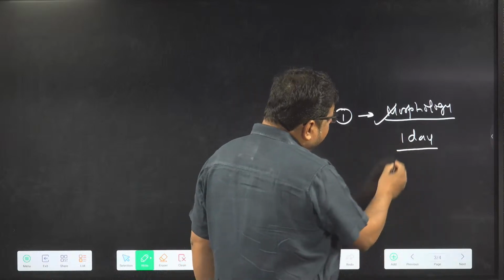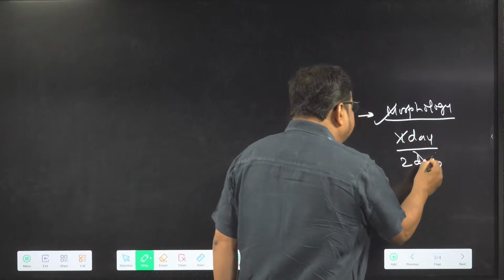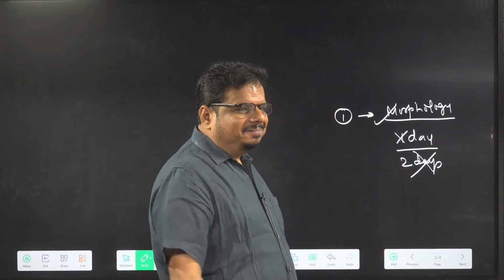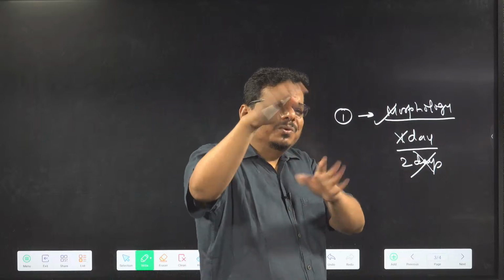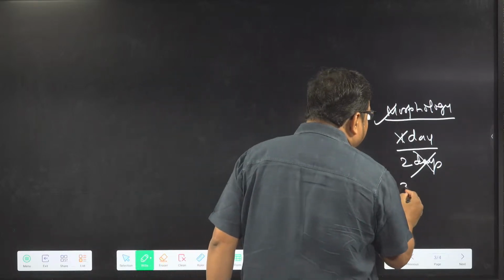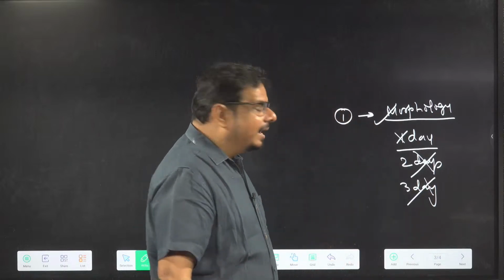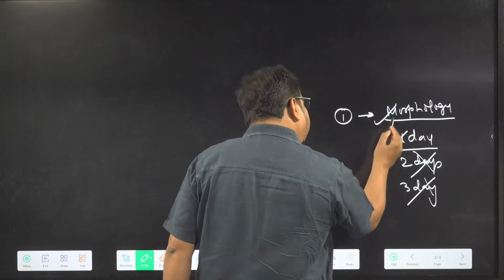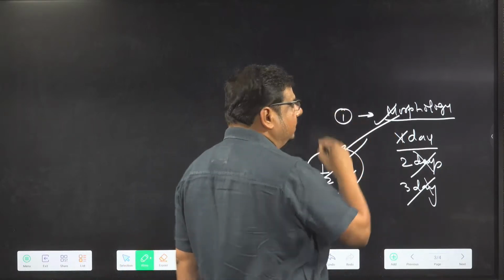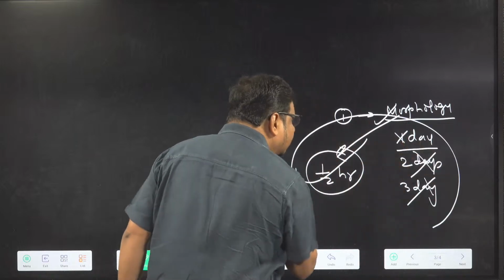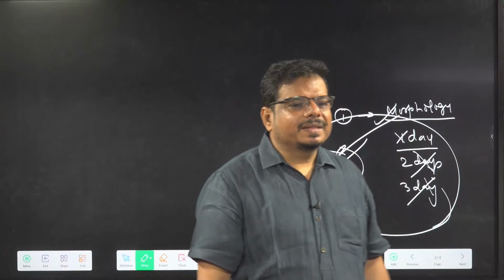If you give a target, I will revise the morphology in 2 days, it will take your 2 days. All 2 days will be consumed in morphology. You are not noticing where your time is going. If you want to revise morphology in 3 days, it will take your entire 3 days. And if you give a target, I will revise the morphology in half an hour, you will also do it in half an hour. So the amount of work going to occur is the same in half an hour and 3 days also.